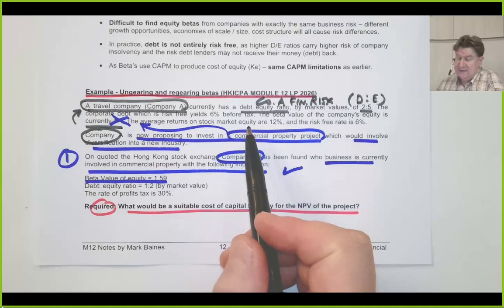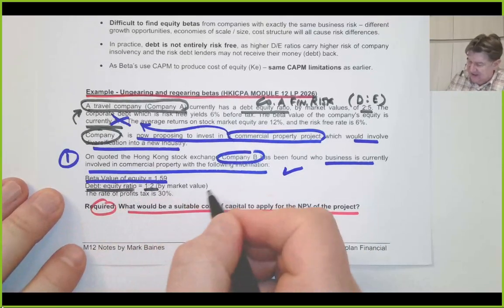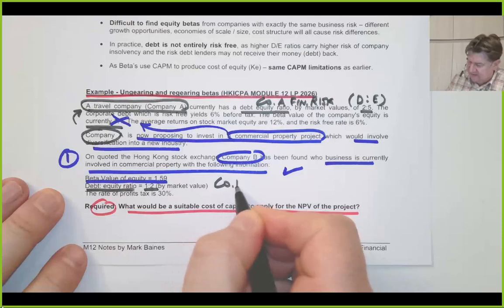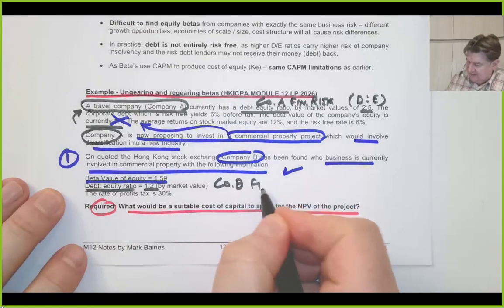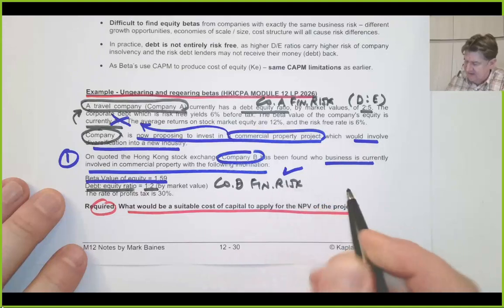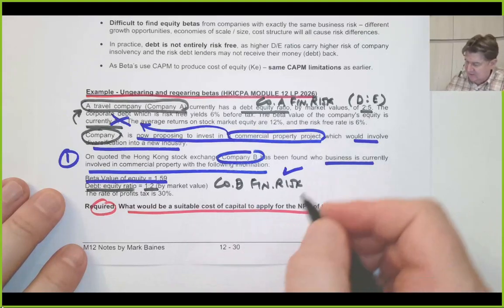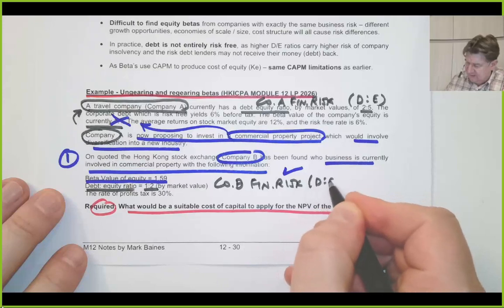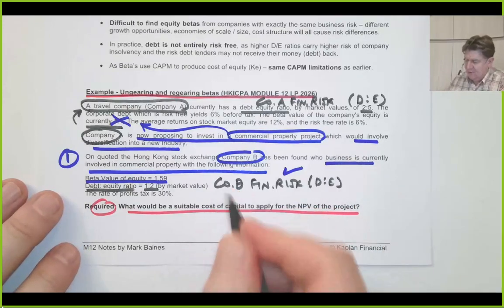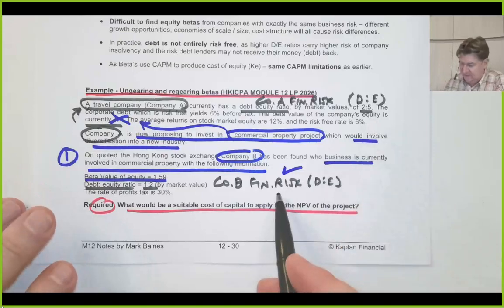Hold on one second. Look at their financial risk. Let's put down here company B's financial risk. It's different to ours. You can see here 2 to 5. Theirs is 1 to 2. So you can see 1 to 2, 2 to 5, different to ours.